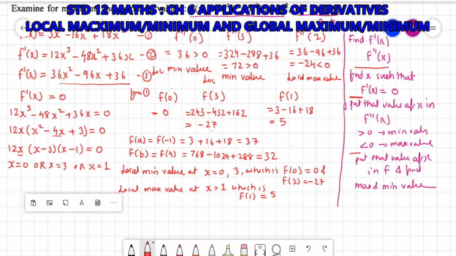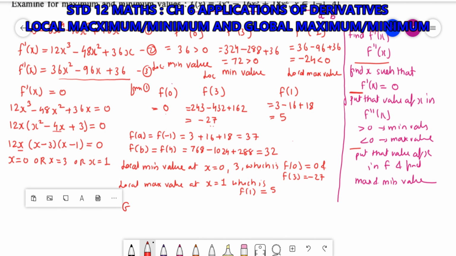Now for global minimum and global maximum. For the global minimum value, from 0, minus 27, 5, 37 and 32, which is the minimum?